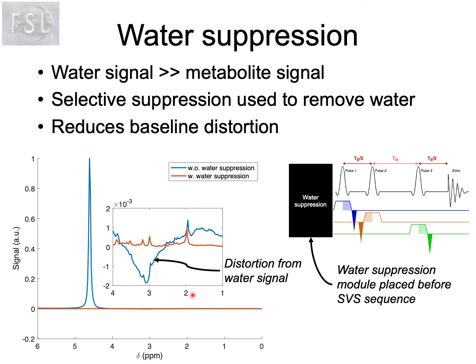And if we zoom into that 1 to 4 ppm range, we can see that metabolite signals do appear in each case. It's quite clear that the NAA signal appears in both at 2 ppm. However, in the case without water suppression, which is the blue line, there is clearly a large baseline distortion present. And we deal with this by adding a water suppression module at the start of our sequence.